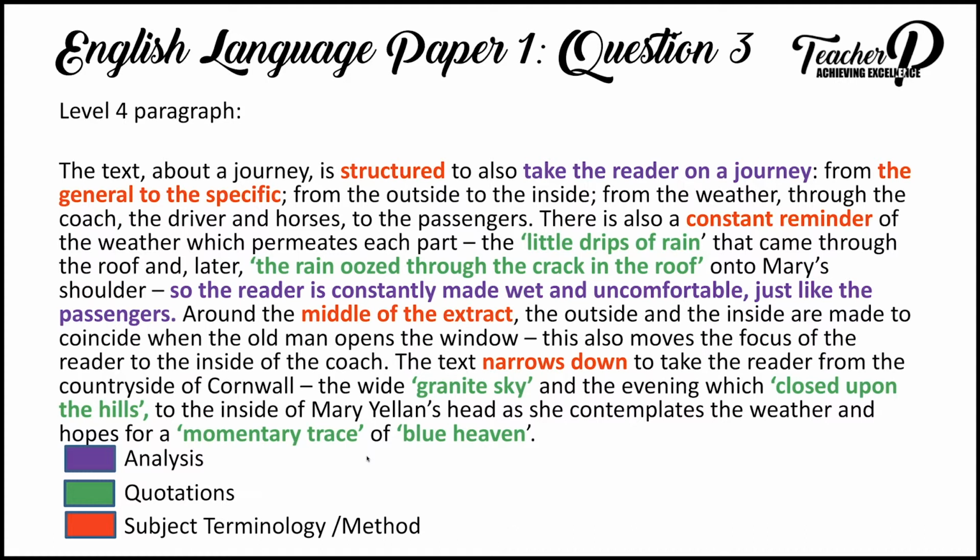They've looked at the repetition of the weather, the fact that in the middle of the extract we go from outside to inside, and the fact that there's a shift from the countryside of Cornwall to Mary's internal thoughts. Lastly, you can see there's a range of really short and relevant quotations which are embedded nice and neatly into their paragraph, as well as constantly linking it back to the reader.